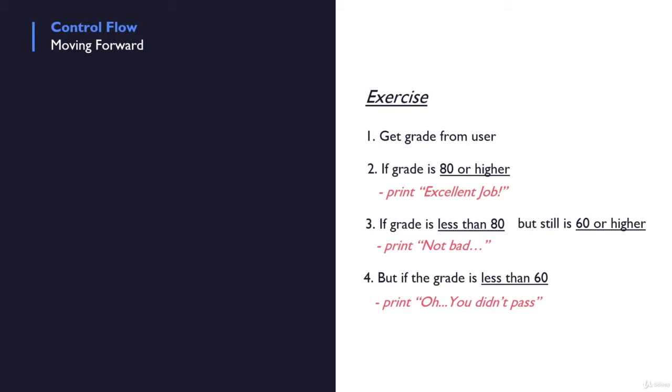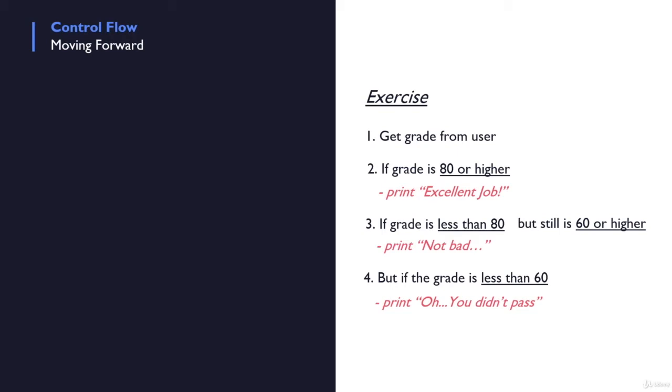The first condition was if grade is 80 or higher, and then the else of this result, meaning the grade is probably less than 80, but we still use the else if statement, and we checked out if the grade maybe is less than 80, but it still may be 60 or higher, alright? And if that's also not the case, then we are moving to the fourth option in this case, when we have the grade less than 60.